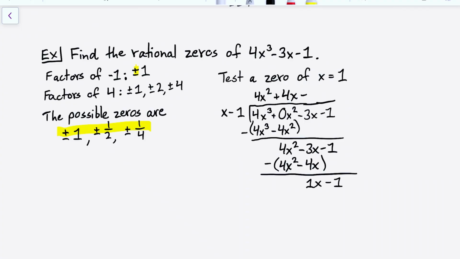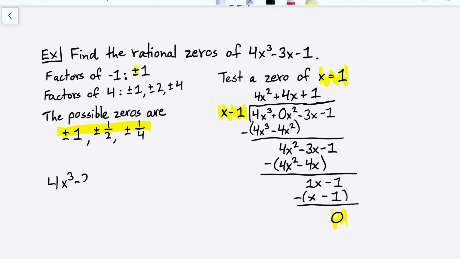Negative 3x plus 4x is 1x, so I get 1x minus 1, and the last term is positive 1. As I subtract, I see that there's a remainder of 0. And we recall that this remainder of 0 means x minus 1 is actually a factor, which means x equals 1 is a zero. So that guess worked out okay.